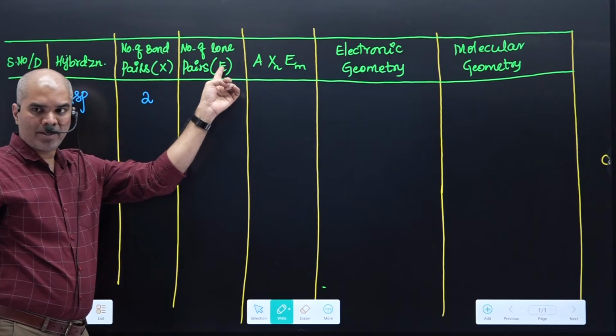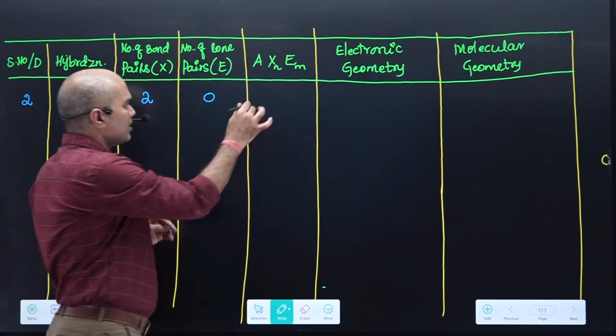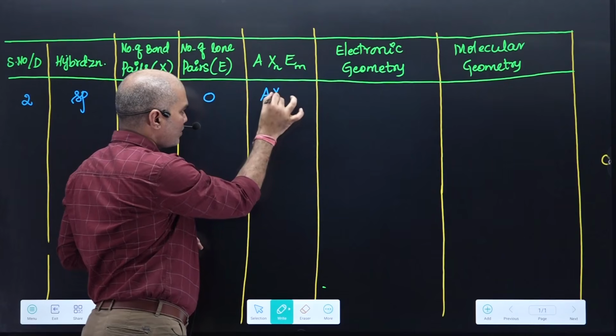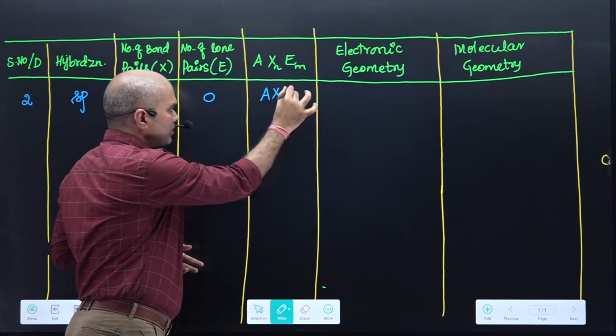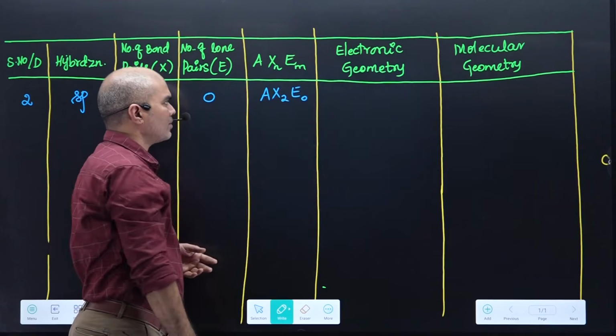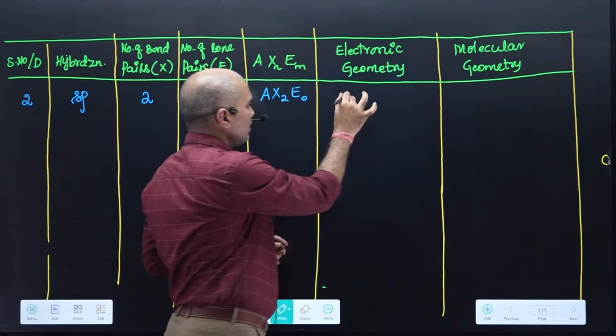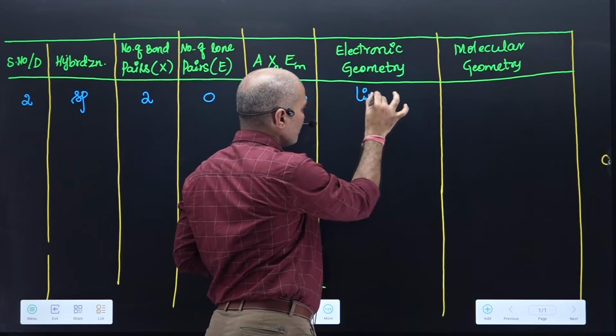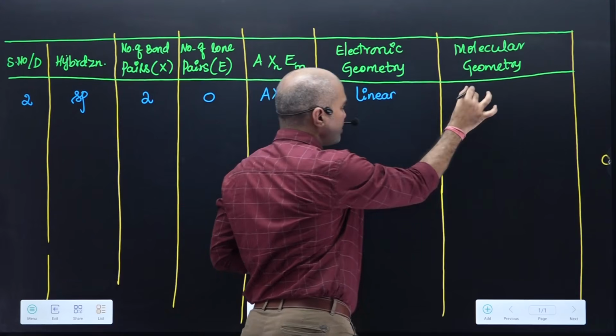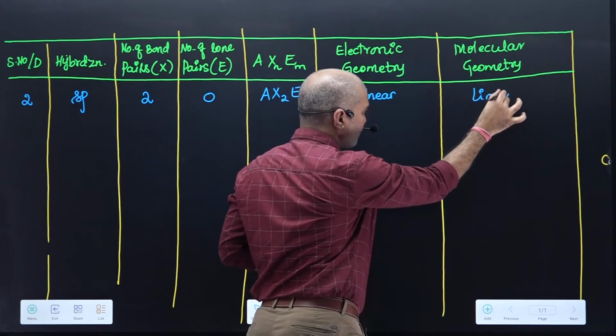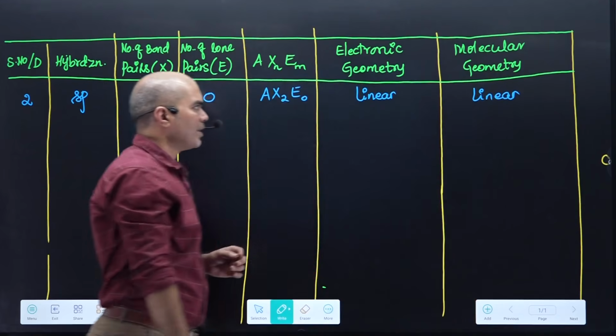How many non-bonding pairs? 0. So I am writing this as AX2 E0. I need not write E0, but E0. Electronic geometry is linear. Molecular geometry will also be linear. It will be same.